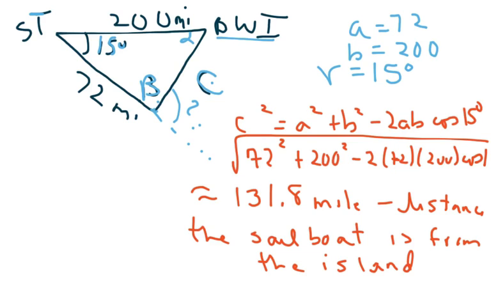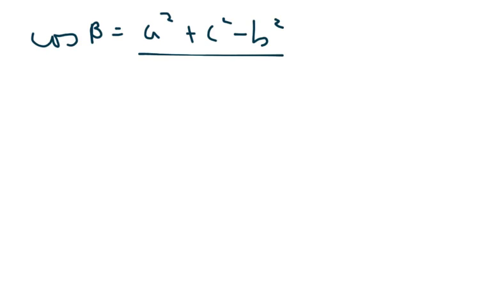Okay, the part B is what angle should it turn to correct its course. So basically we have to find beta here, then subtract it from 180, because this is the angle they're looking for right here. This angle here. Okay? So we're going to use cosine of beta. And we're going to use the corollaries we talked about in class. A squared plus c squared minus b squared over 2ac.